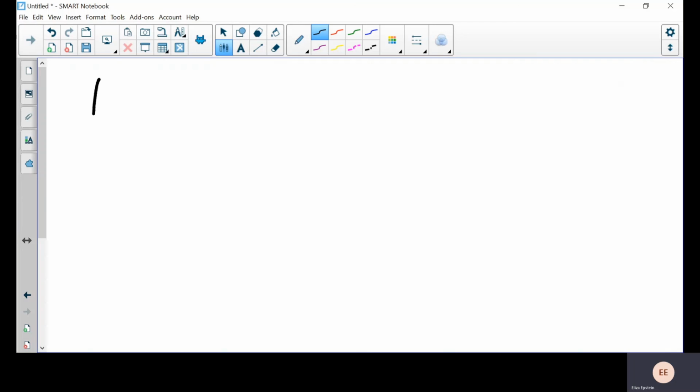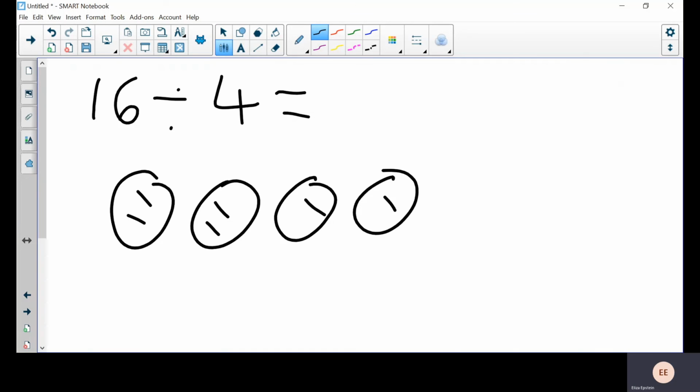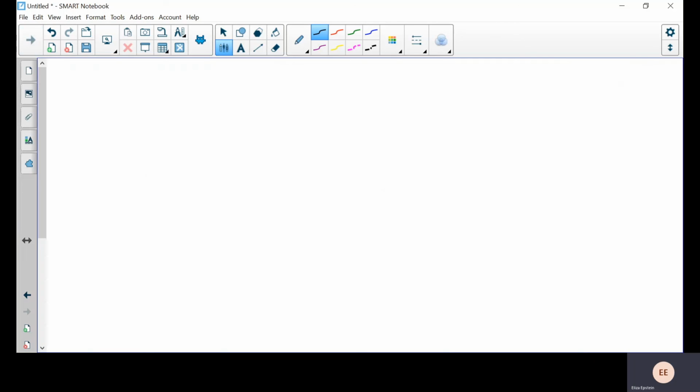Division, for example, if it were 16 divided by 4, 4 groups, 16 dots. 4, 5, 6, 7, 8, 9, 10, 11, 12, 13, 14, 15, 16, and there's 4 in each. Okay, so my answer would be 4 in that case, which also applies for fractions. If I was to do fractions in the same way, so if it was a quarter of 16, it'd be exactly the same.